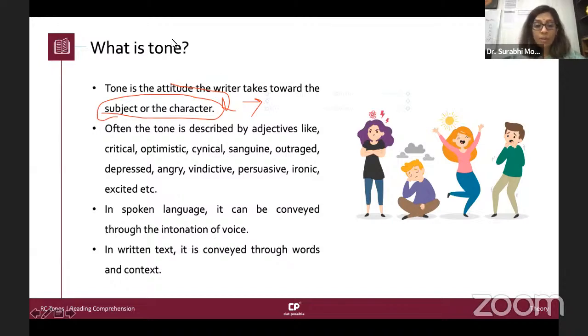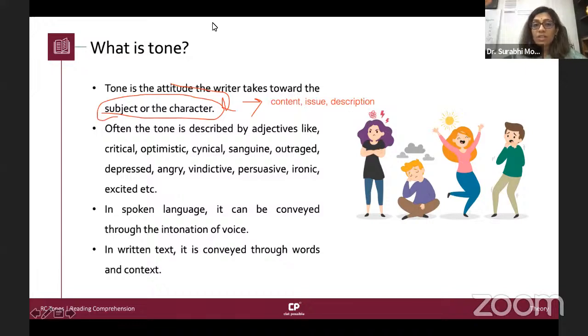The author shows this attitude towards the content that the author takes up, the issue that the author takes up, and then the author will start describing the issue. And this description has the keywords which help us understand what tone the author is assuming.